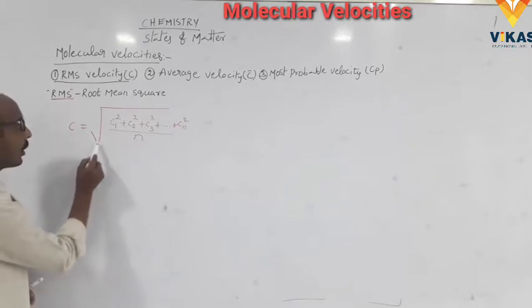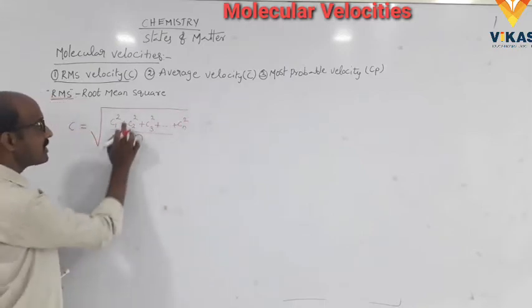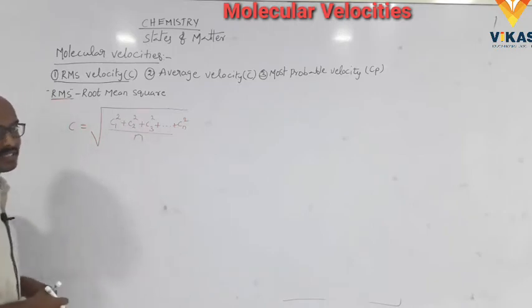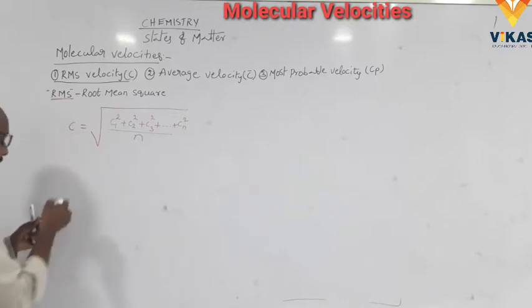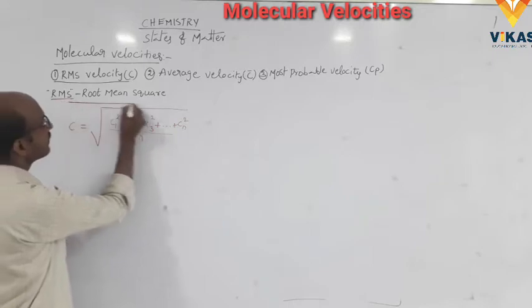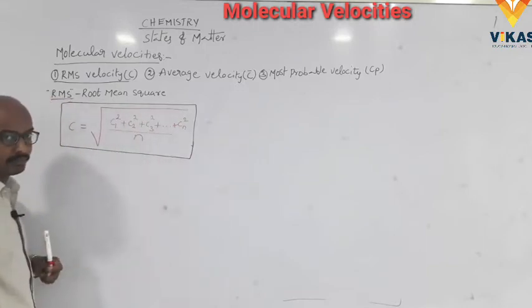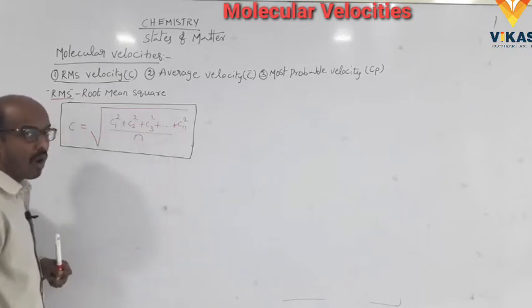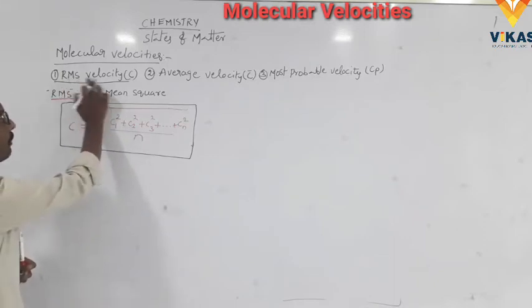It is the root of the mean of the squares of the velocities of all the gas molecules present at any temperature, and it is called RMS velocity. Clear?